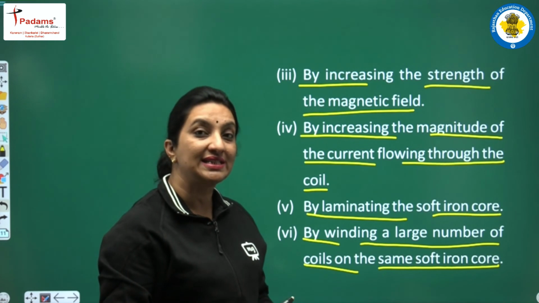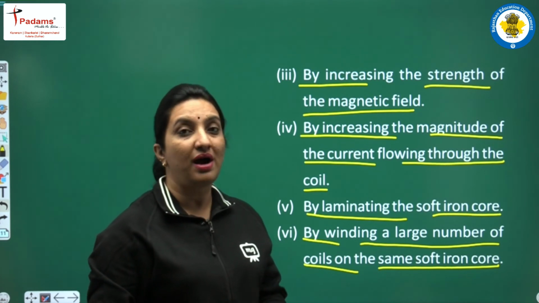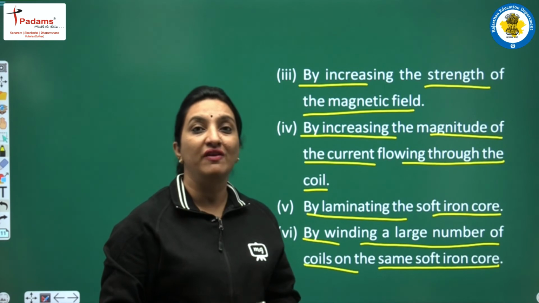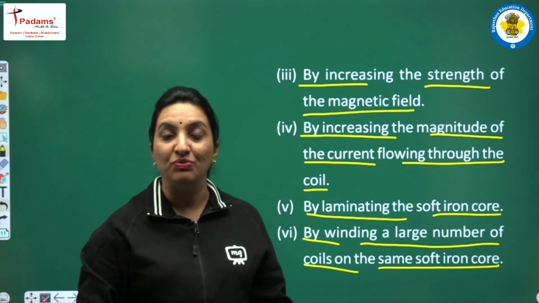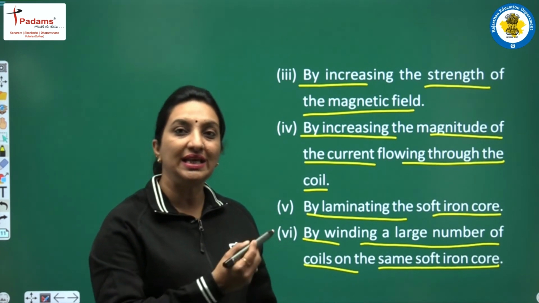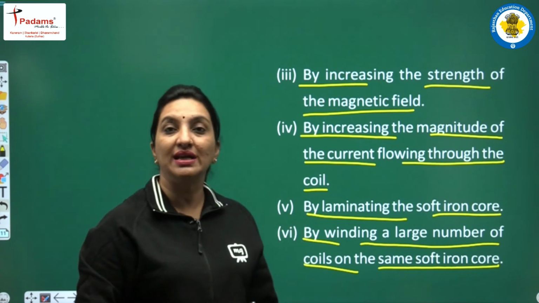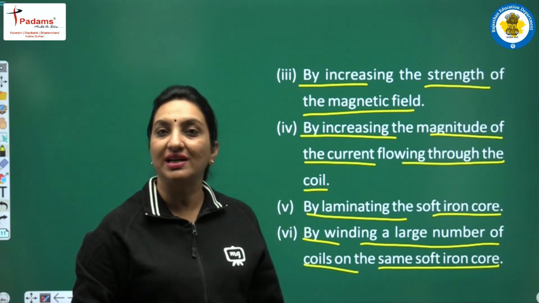So what we see is that the more the electric power of the electric motor, the more efficiently it will work. So we can use all these 6 ways to increase the power of the electric motor.